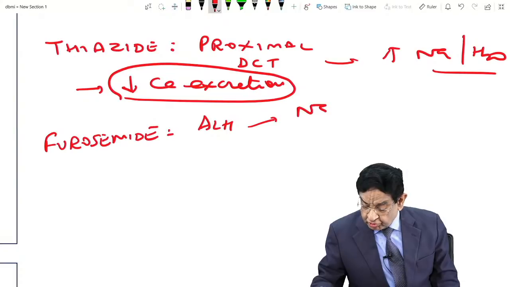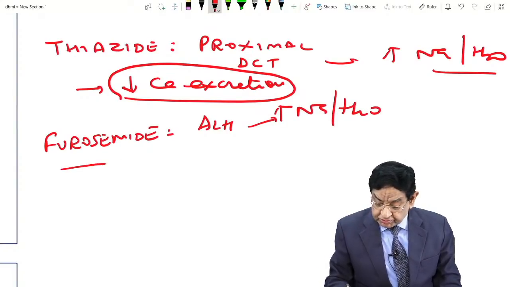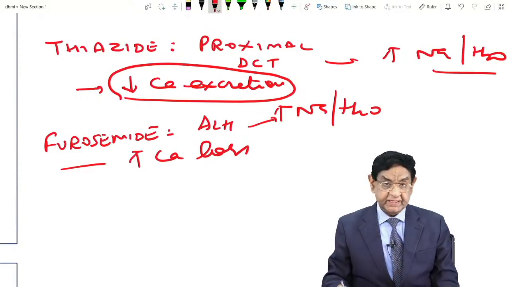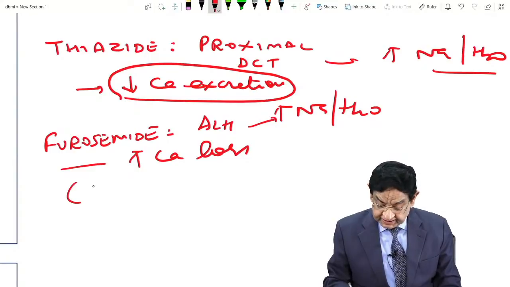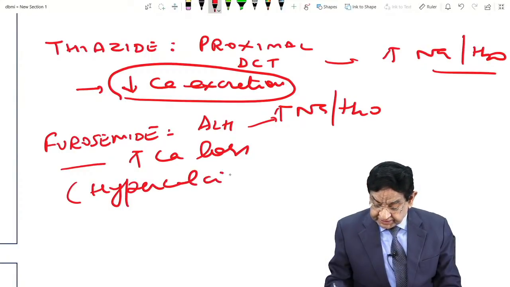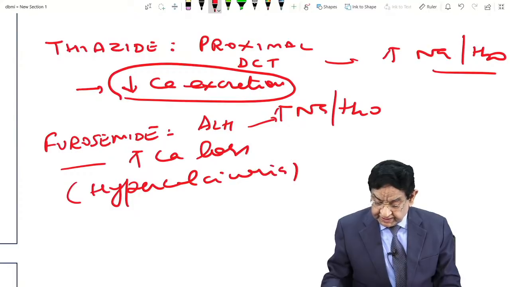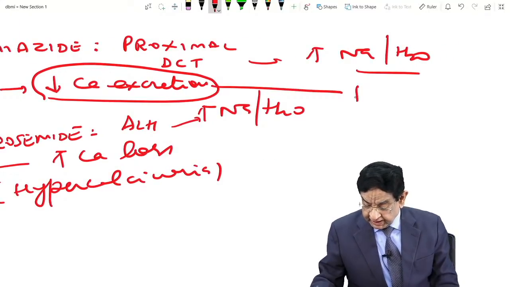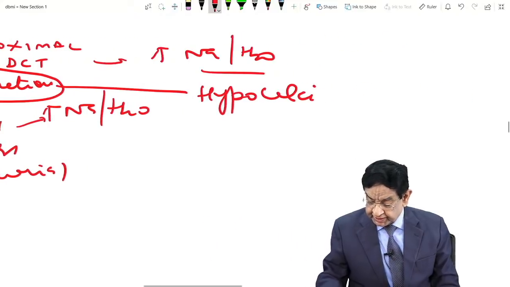They also cause increased loss of sodium and water, but they also cause increased calcium loss in the urine. In a nutshell, furosemide leads to hypercalciuria and thiazide leads to hypocalciuria.